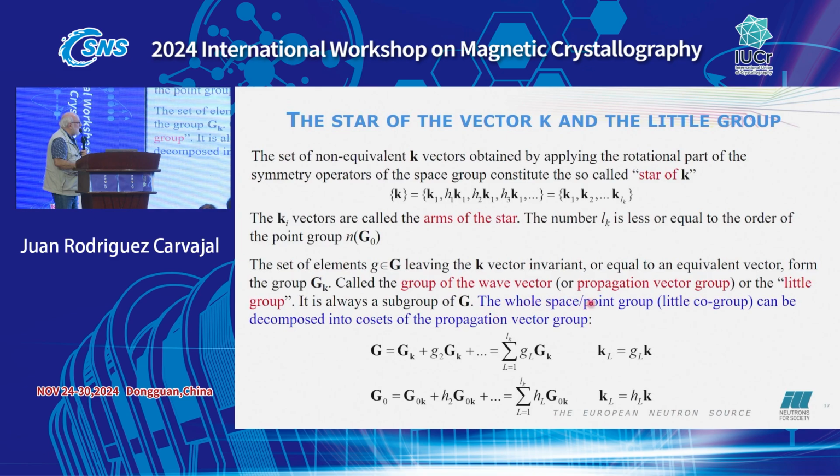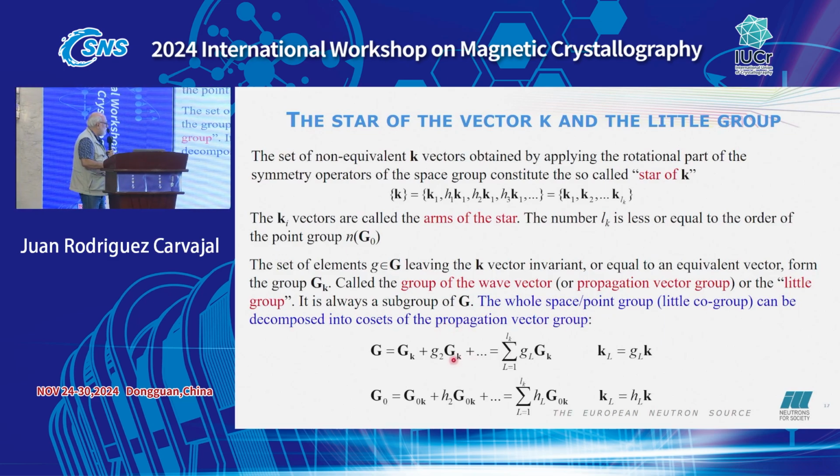Then the whole space group, or point group, the little cogroup, can be decomposed into cosets of the propagation vector group. You can write the space group as GK plus G2 GK, etc. These are the terms of the coset decomposition of the space group. Then these elements G2, etc., do not belong to GK, they are different.